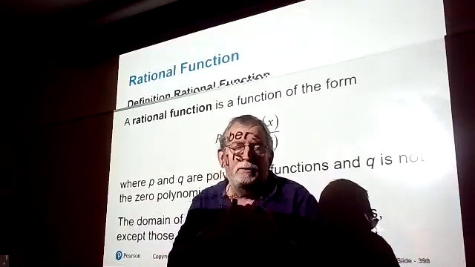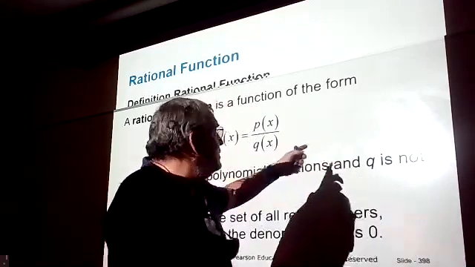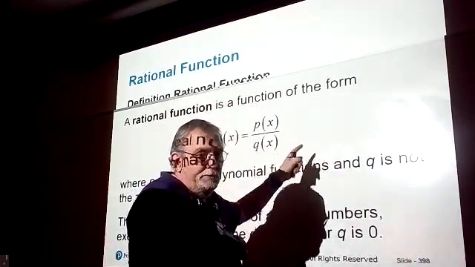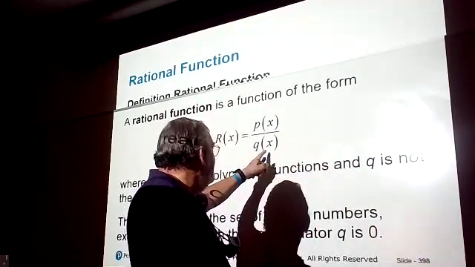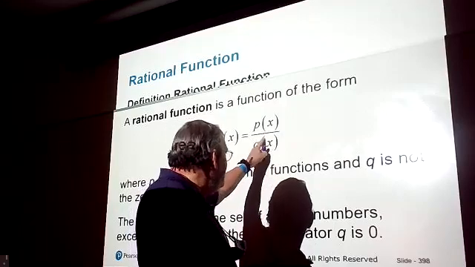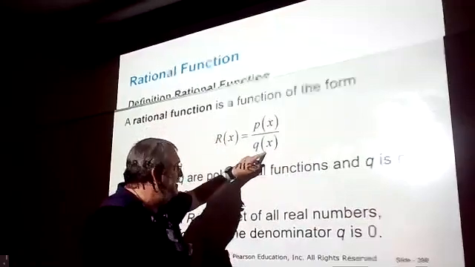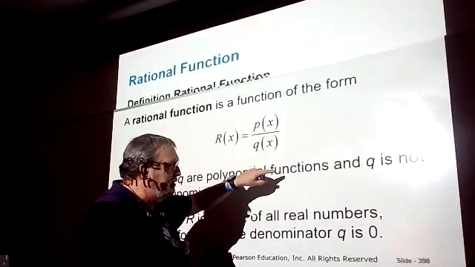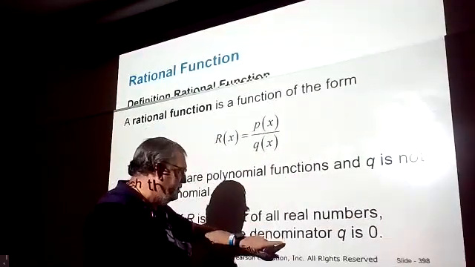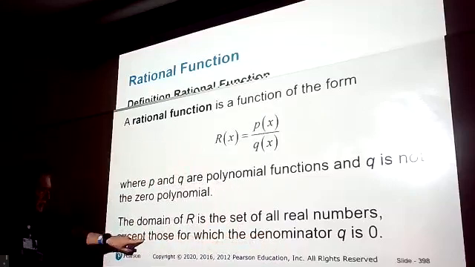So you don't get that y equals 0 in the denominator. The function does not exist when the denominator is 0. So whenever q of x equals 0, you have to eliminate those x values from the real numbers, or the domain.